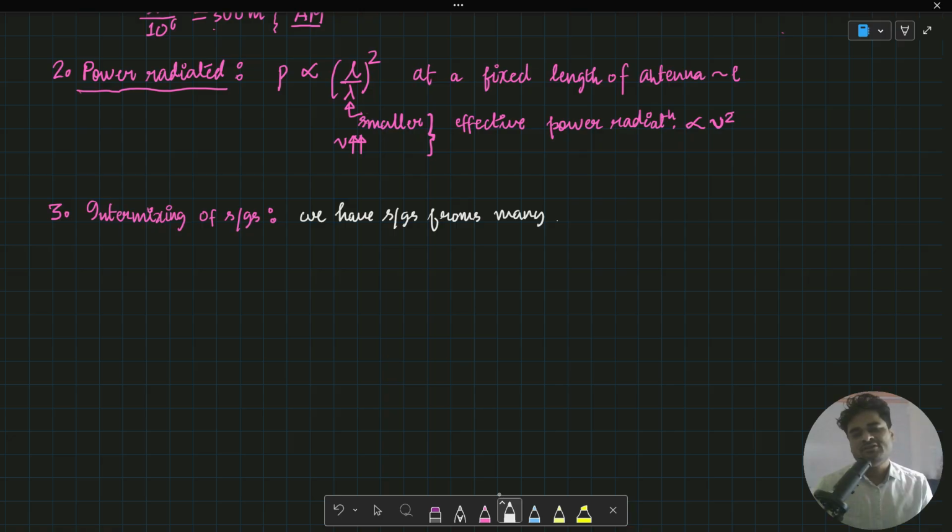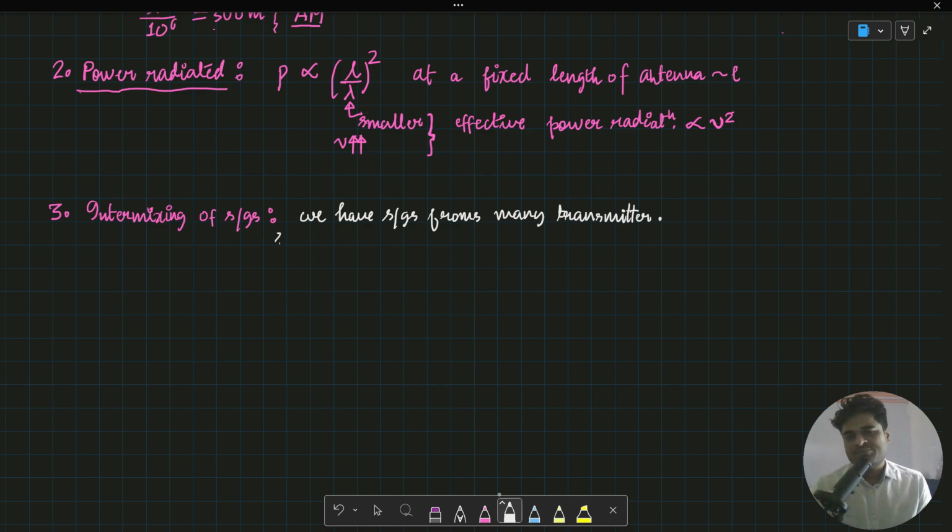So what will happen if all of these signals are in the same frequency band?